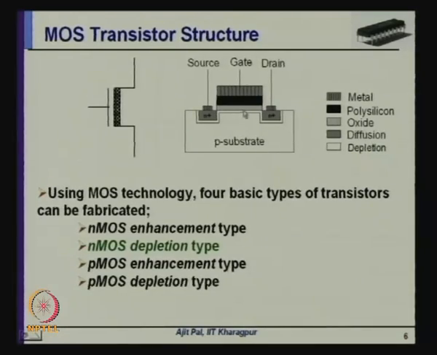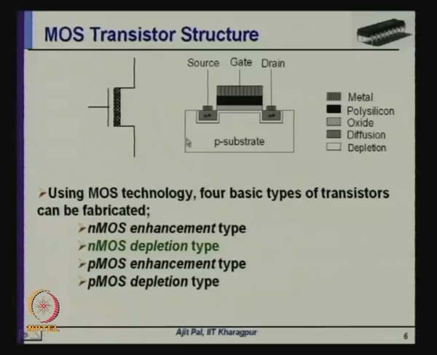That means, the electrons which have been deposited here will be removed whenever a negative voltage is applied, and that will induce holes, and holes will actually remove these electrons. So, here also, by applying a negative voltage starting from 0 to some negative voltage, you can control the flow of current between the source and drain. Thus you have realized an NMOS depletion type transistor.